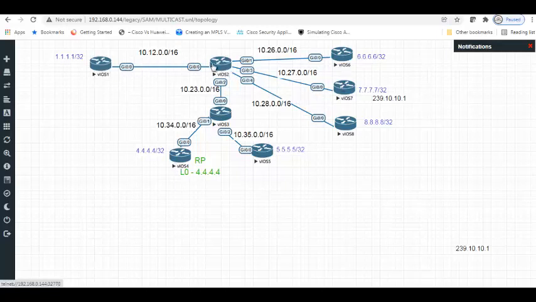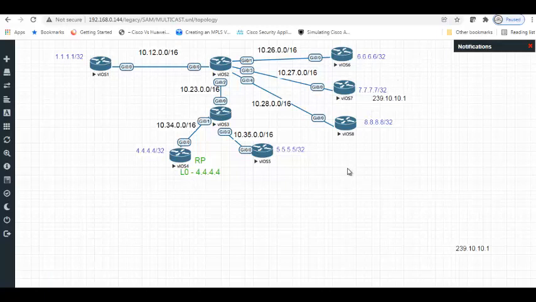I'll get it done. So the packets are not always going to go through the RP. Only the initial, the very first packet to know the source was channeled via router 4 because it's the RP, but the RP knows the source.